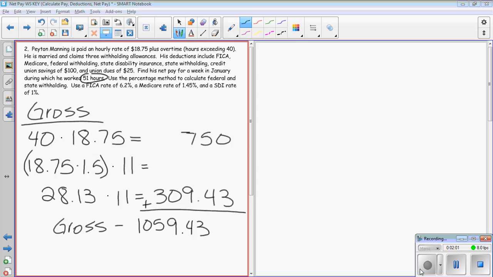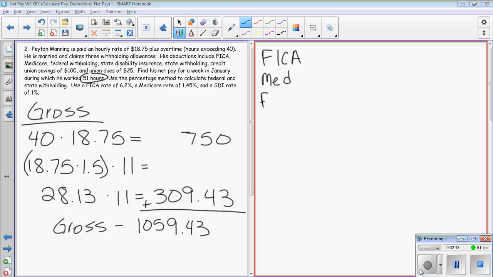Now, after you calculate gross, you have to calculate your deductions. Remember, I'm going to make you list your deductions. So go into the problem and just list them. I have FICA, Medicare, federal, state disability, also known as SDI, state, credit union, and union.